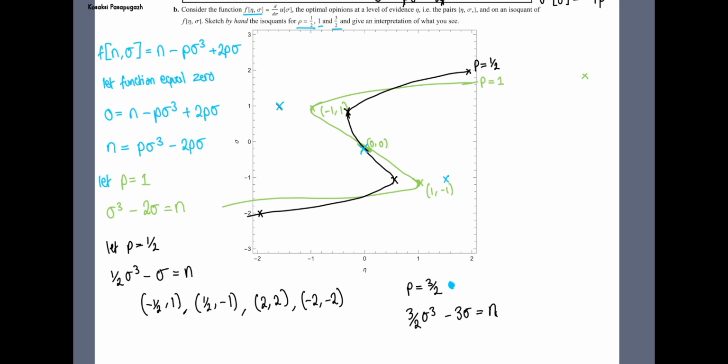And that will look something like that. So that's phi equal to 3 over 2. So minus 1.5, 1, and 1.5, minus 1. And of course, 0, 0 is a common point for all. Cool, moving on. We now need to give an interpretation of what we can see.